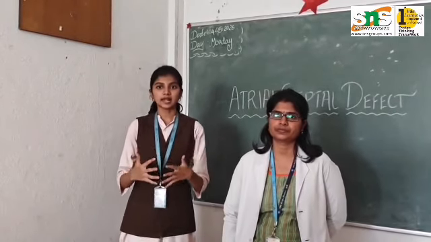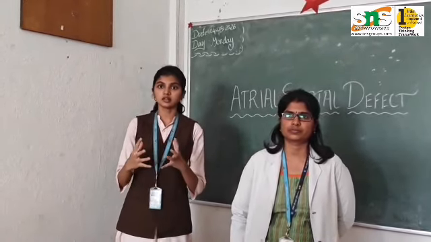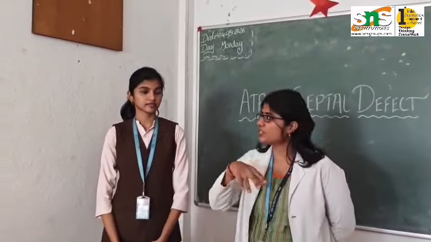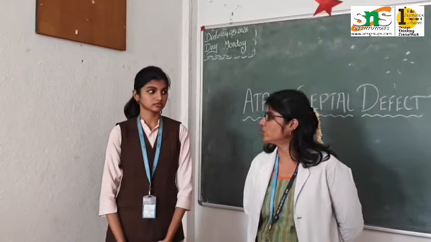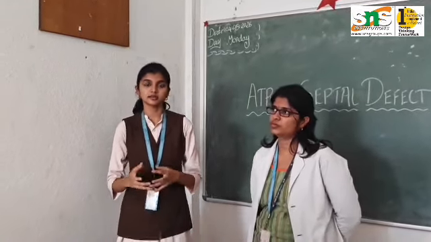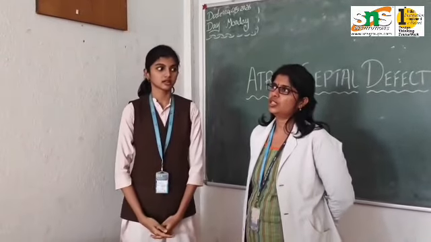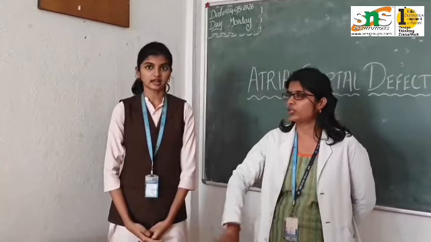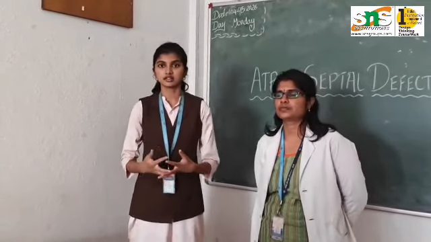As more blood enters the right atrium and the right ventricle, the pressure also increases. That is high pressure flowing from the high pressure chamber to the low pressure chamber, because of the shunt that we saw.